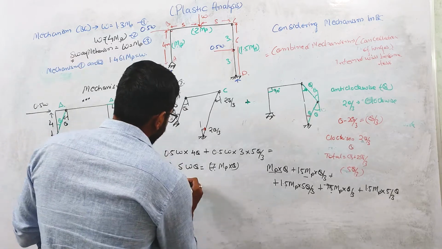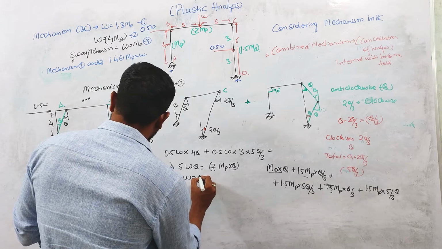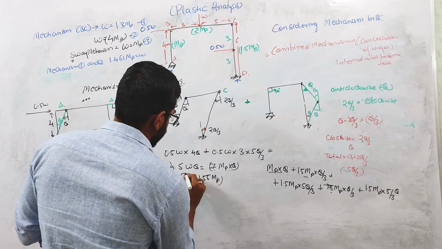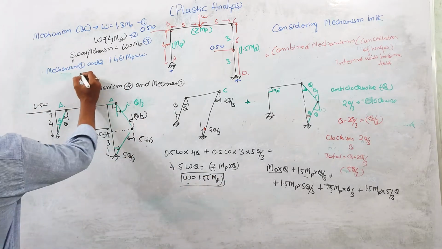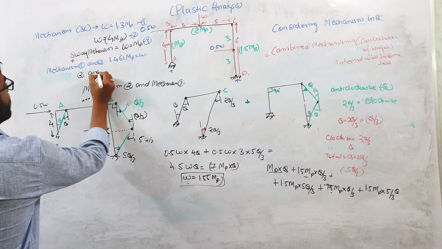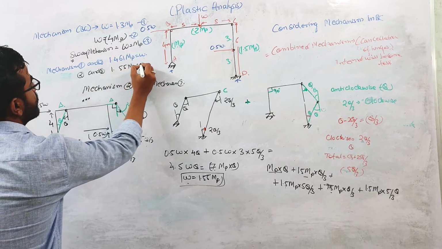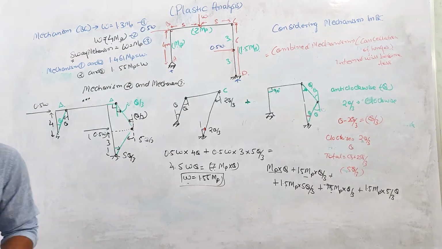Okay, so the value of W comes out to be 1.55 MP. So if you combine mechanism 2 with mechanism 3, the value is W equals 1.55 MP. Okay, so this is the result of combining mechanism 2 and mechanism 3.